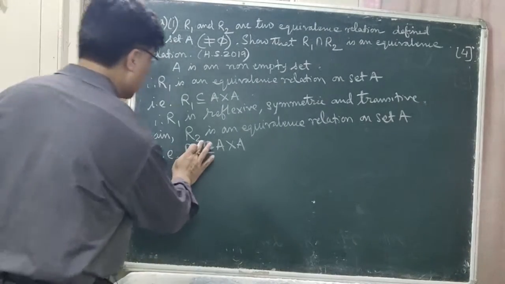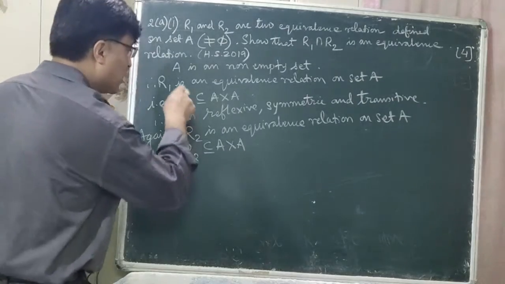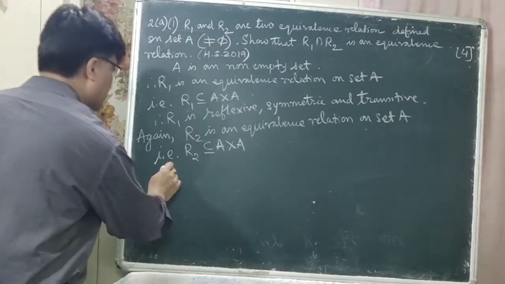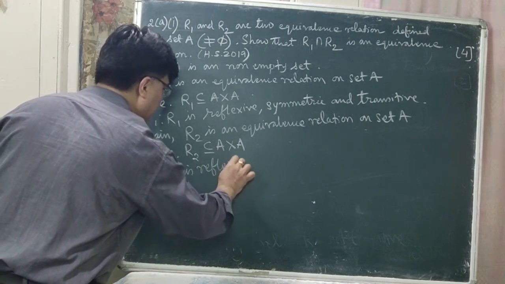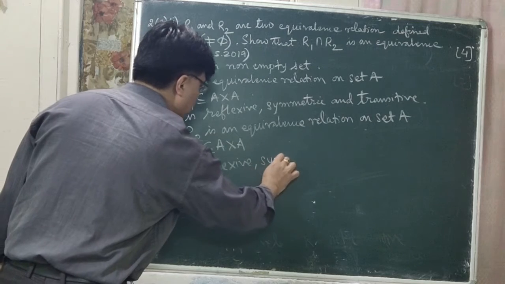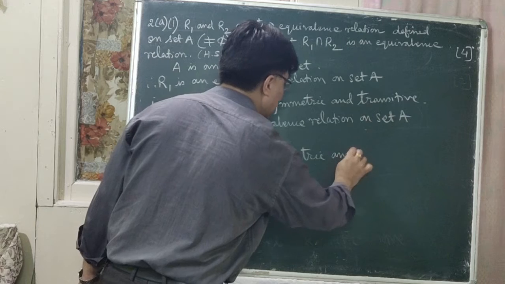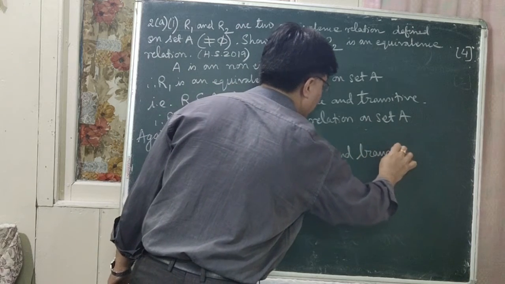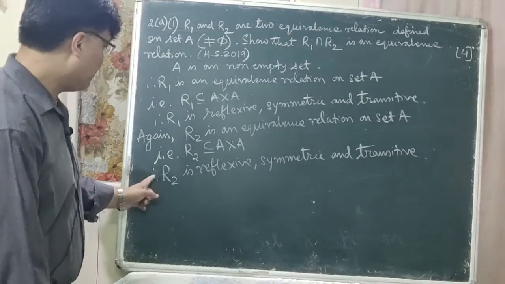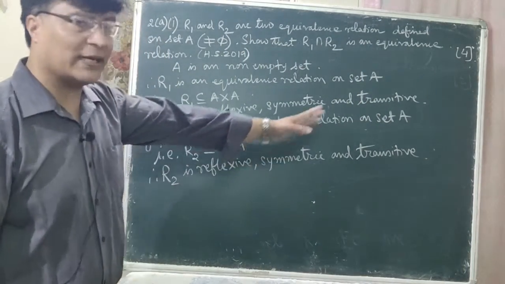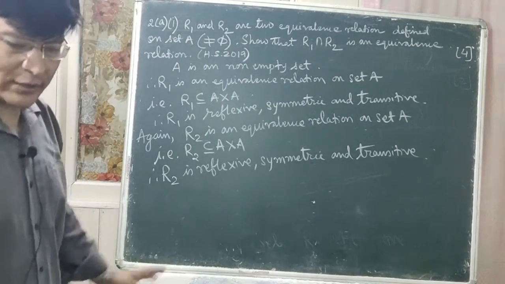So R2 is a subset of A cross A. Since R2 is an equivalence relation on the set A, therefore R2 is reflexive, symmetric and transitive. So is that clear to all of you? So you can copy it.